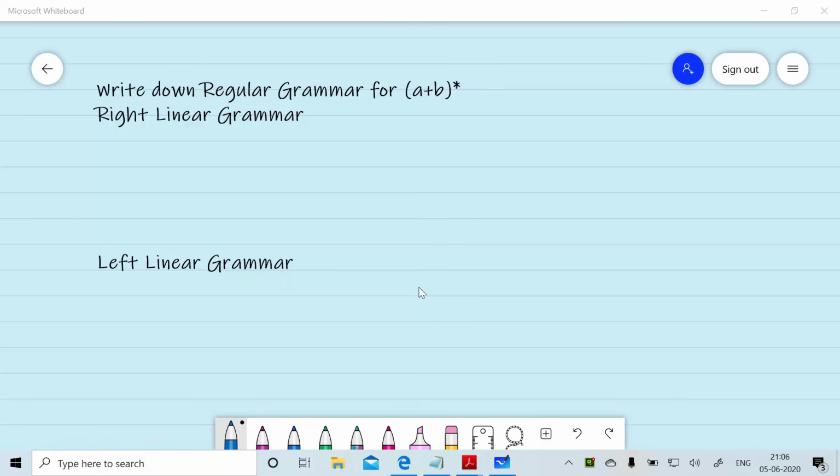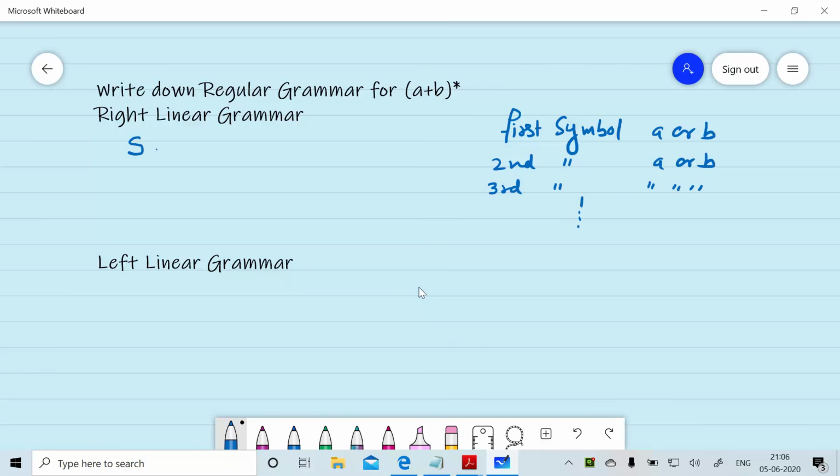Now we will generate the regular grammar for (a plus b) star. So the first symbol can be a or b. Similarly, the second symbol can be a or b. The third symbol can be a or b, and so on. So we will write S gives aS or bS or null.